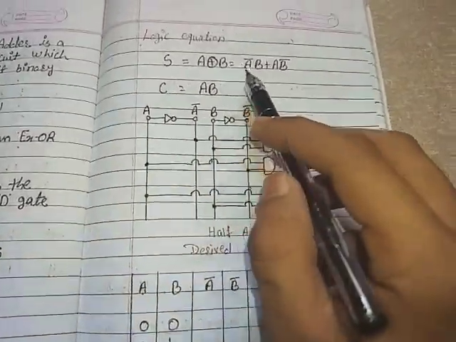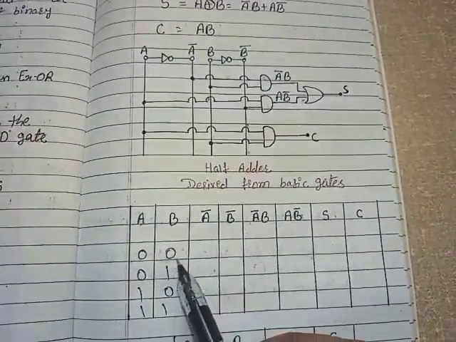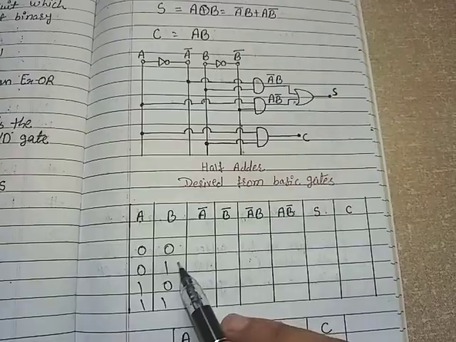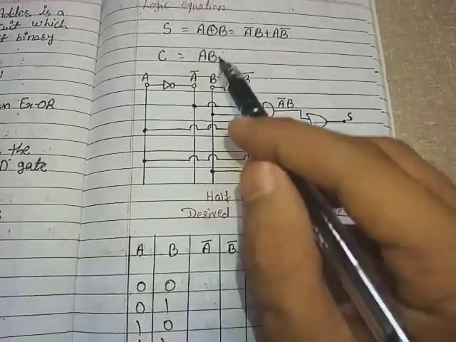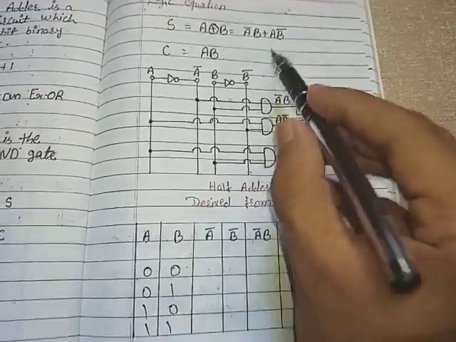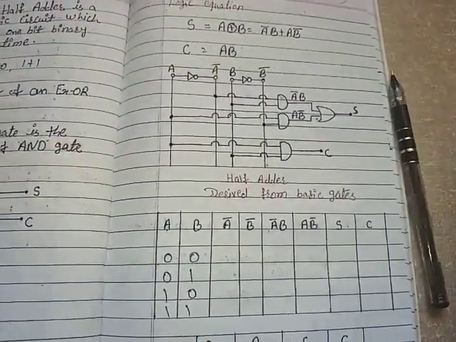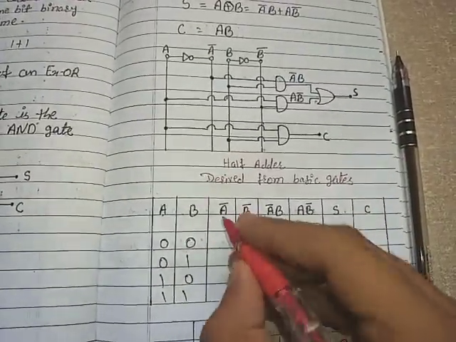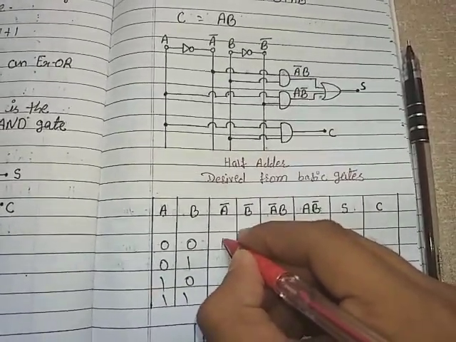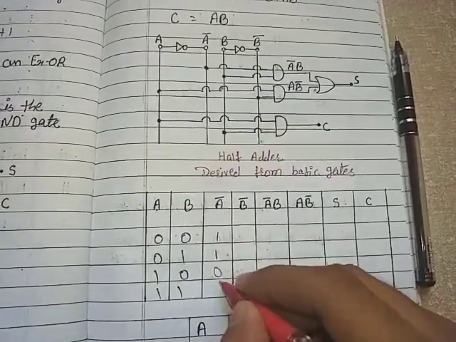First we require A and B, two inputs, and here are their possible combinations 0 0, 0 1, 1 0, 1 1. Then we require A bar and B bar. So here is A bar and here is B bar. Let's make the A bar, 0 will become 1 and 1 will become 0.